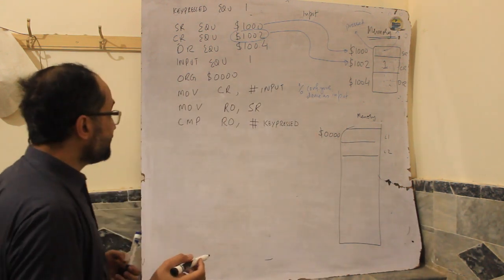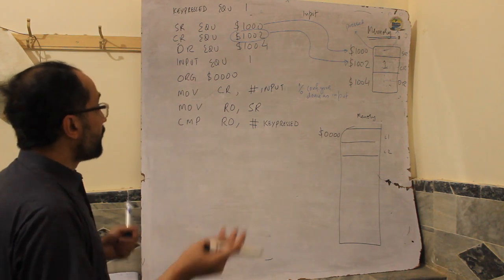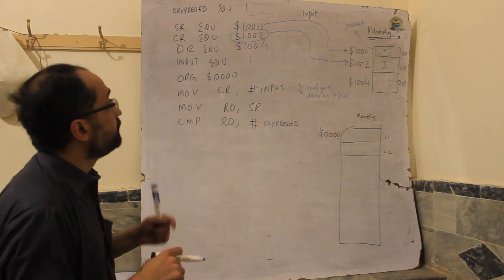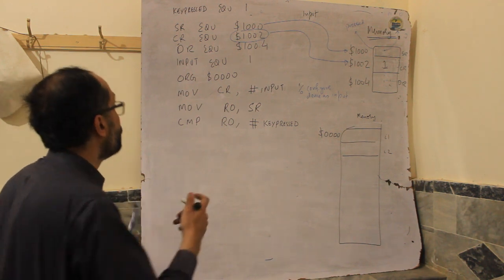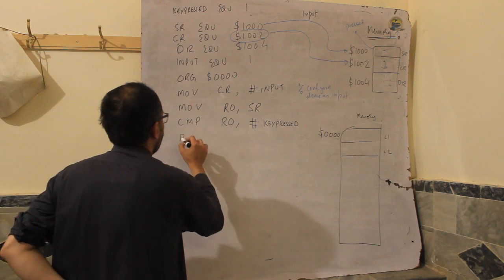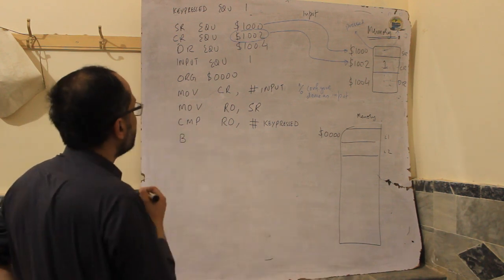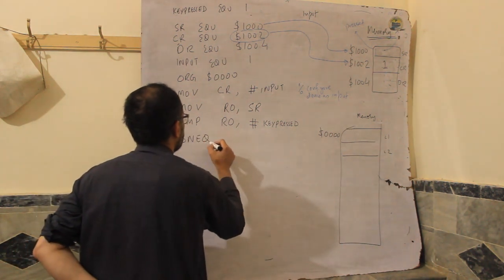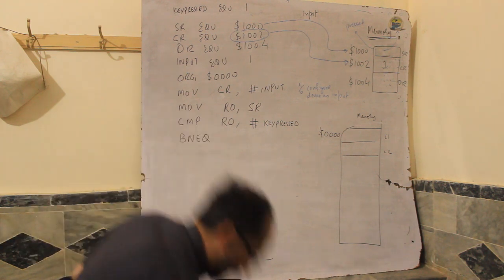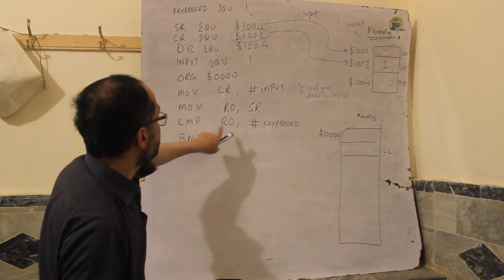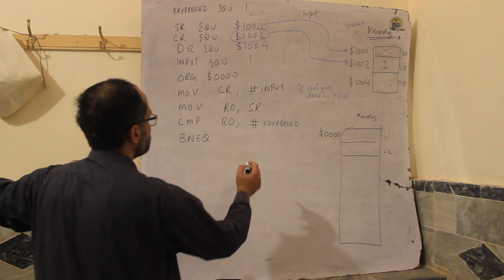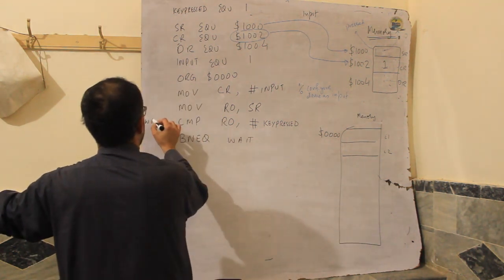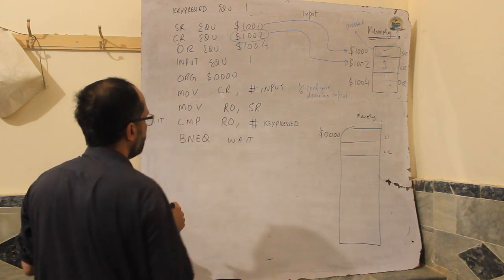If the key has been pressed, we move forward, but if the key is not pressed, we have to wait. So if R0 is not equal to key pressed, branch if not equal to wait, and the program will wait in the loop.